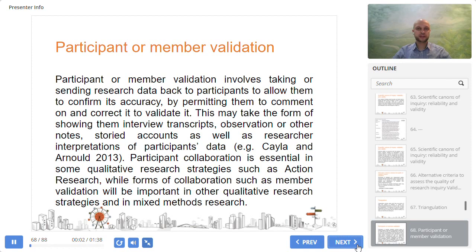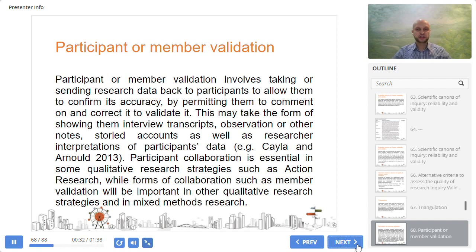Participant or member validation. Participant or member validation involves taking or sending research data back to participants to allow them to confirm its accuracy by permitting them to comment on and correct it to validate the information. This may take the form of showing them interview transcripts, observation or other notes, stored accounts, as well as researcher interpretations of participants' data.